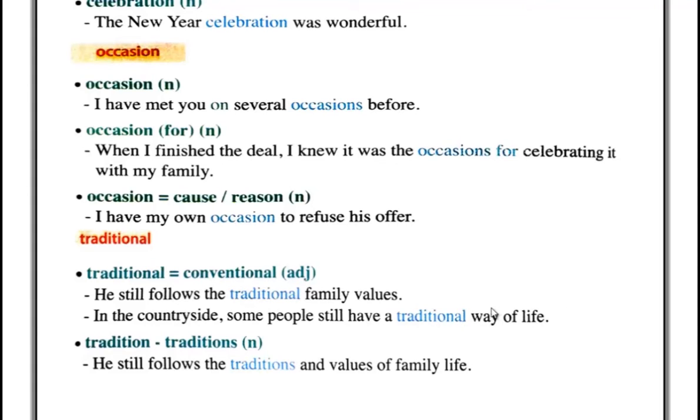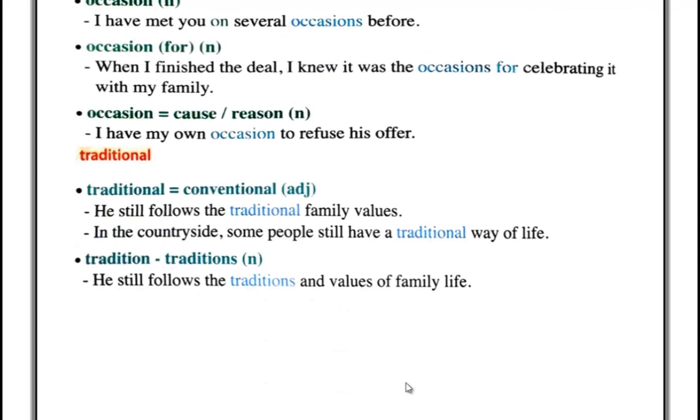They behave in the same way their grandparents behaved, or they live the same life their grandparents lived. He still follows the traditions, the beliefs, and the values of family life.